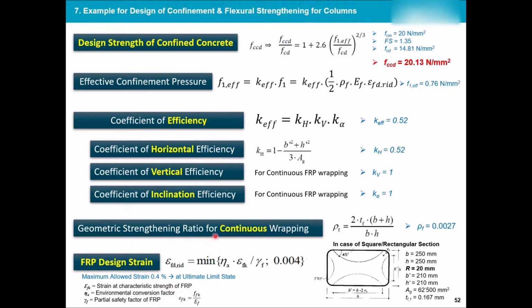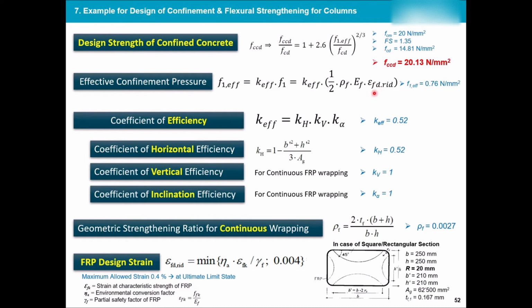Some geometric strength ratio, to just put it in the formulation, the elastic modulus, and then this was the FRP design strain, which was the minimum of either 0.4% or this bit of the formulation, which, if you remember, has an environmental factor, a partial safety factor, and the strain that we were getting from the factory characteristics. So the strength of my FRP that the factory has provided, and the elastic modulus of my FRP that the factory has provided.